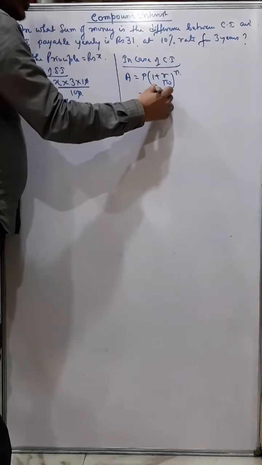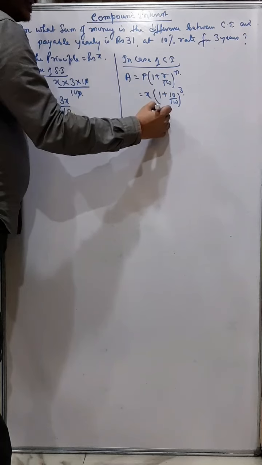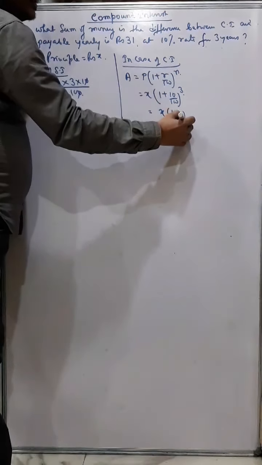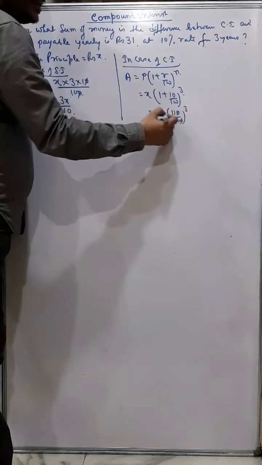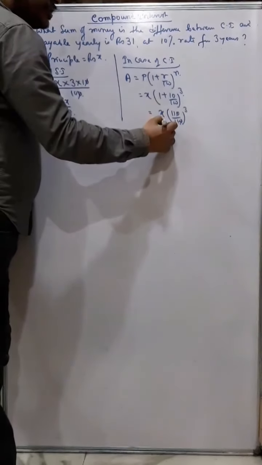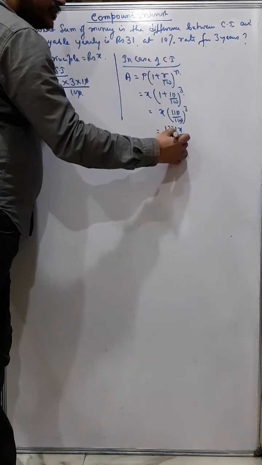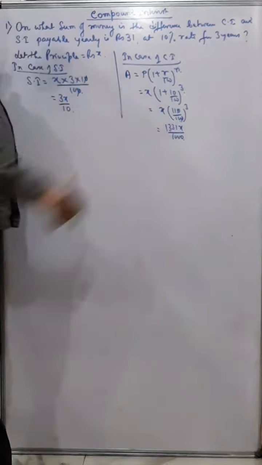X. 1 plus rate is 10 by 100, time is 3. You get X into 110 by 100 to the power 3. Now if you cancel inside, you are getting 11 cube by 10 cube X, and 11 cube means 1331X by 1000, so this is the amount.